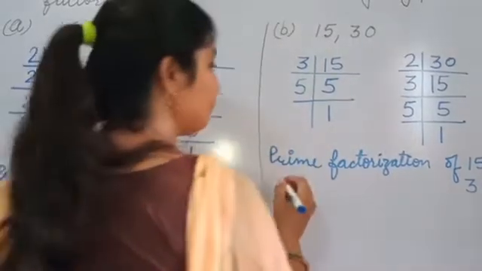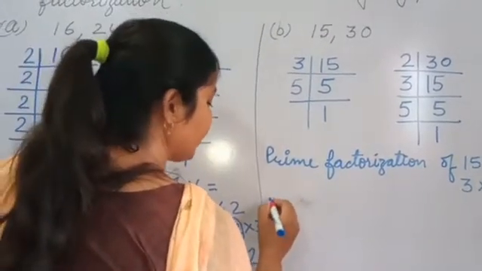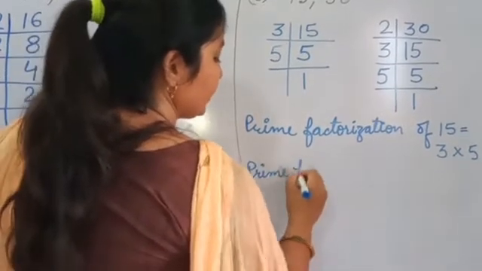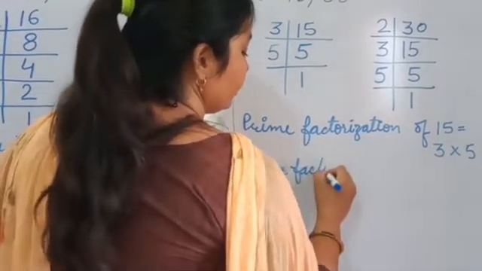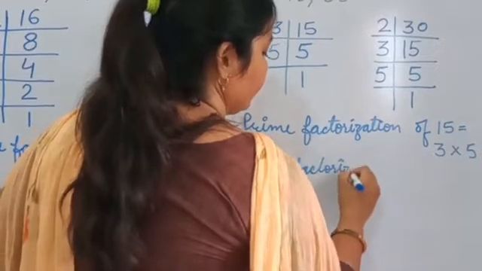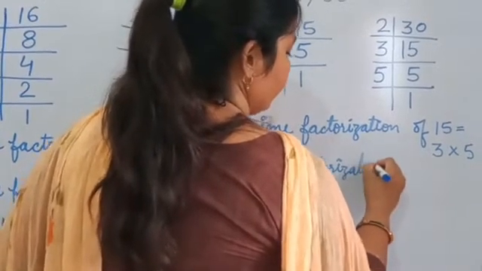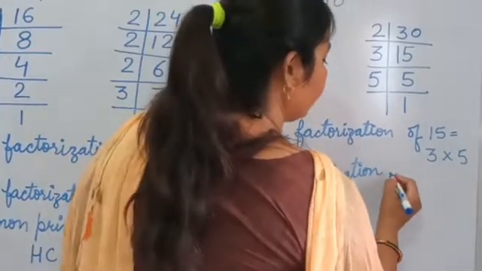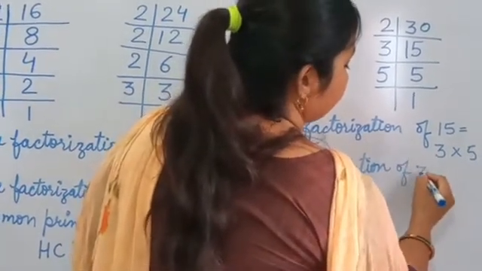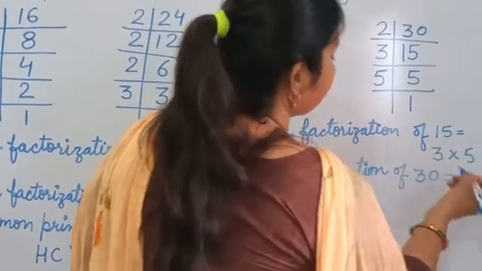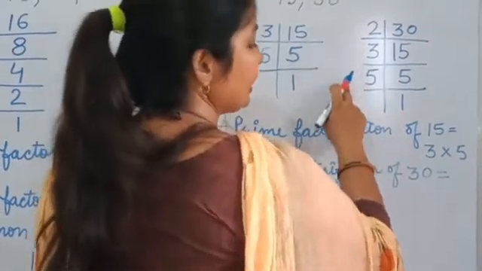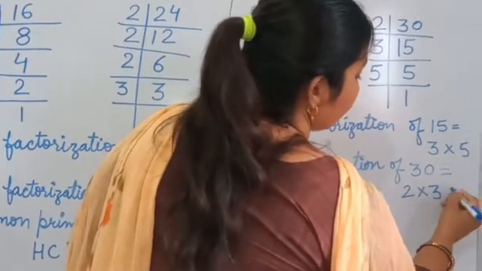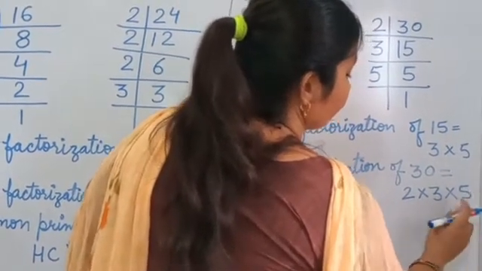Now we write here prime factorization of 30. What is the prime factorization of 30? 2 multiplied by 3 multiplied by 5. This is the prime factorization of 30. 2 into 3 into 5.